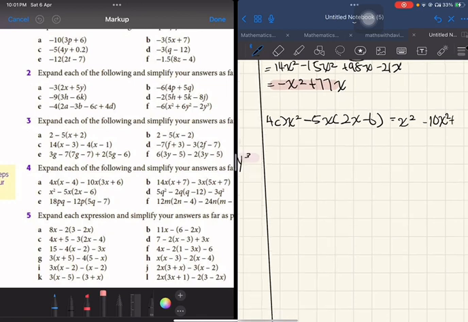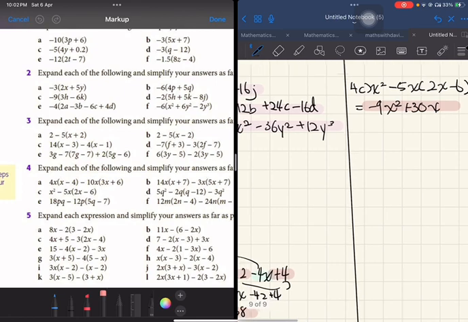And then negative 5x times negative 6, we're going to get positive 30x. And then you can just directly subtract it, and you'll get negative 9x squared plus 30x. This is the answer.